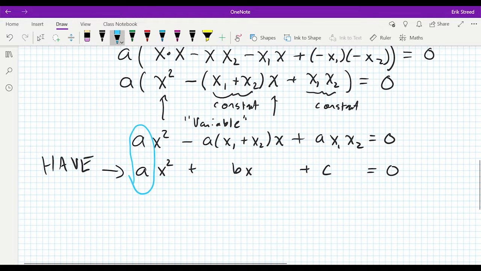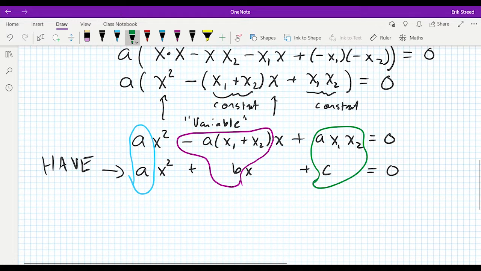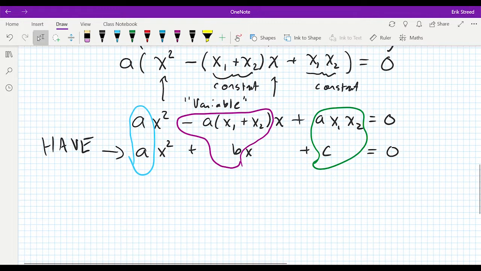Now, in front of just the x term, on one we've got b, and on the other we've got negative a, x1, and x2. And then finally, for the constant term, on one we've got c, and one we've got this ax1 x2 thing. So let's match terms.